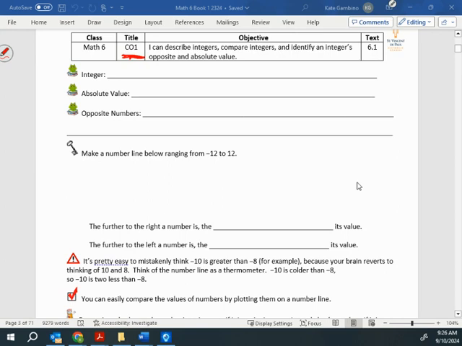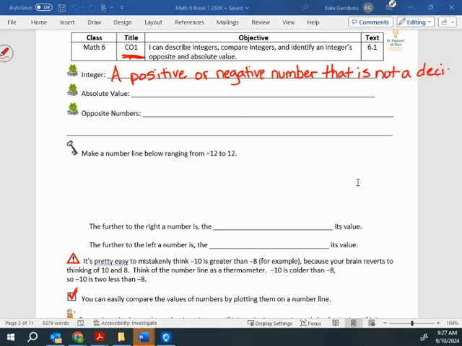So the first one is an integer. An integer is a positive or negative number that is not a decimal or fraction.